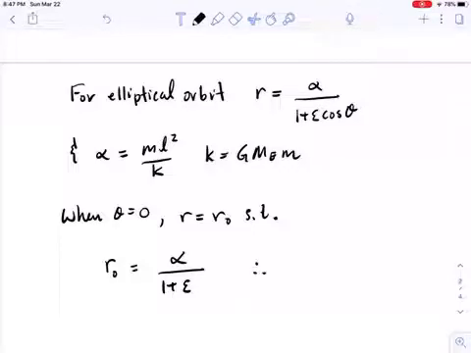So that means epsilon plus 1 must be alpha over r0, and alpha is m l squared over k, and then we have an r0.